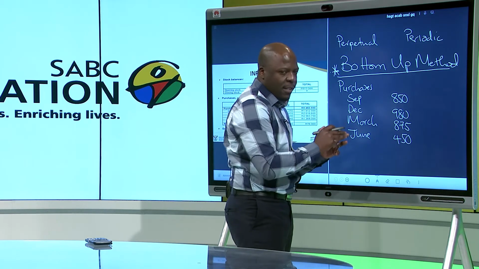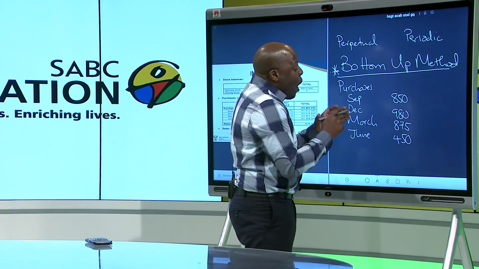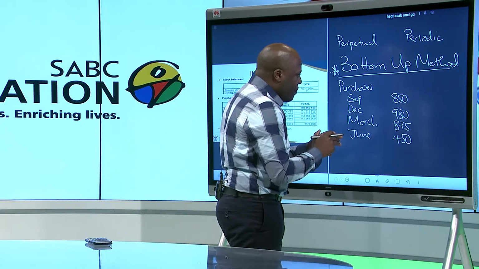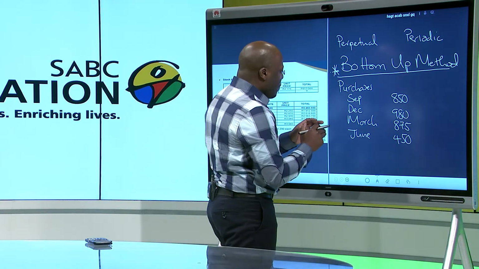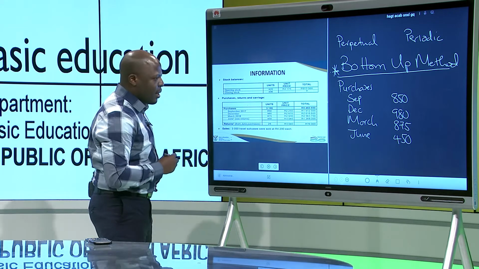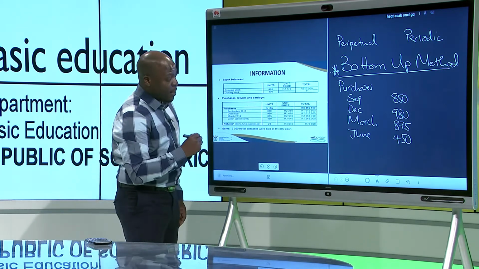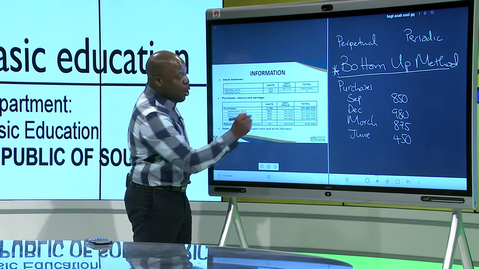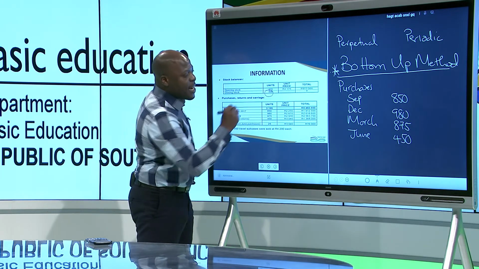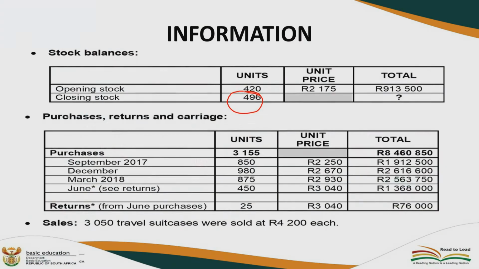Once you have these, the examiner wants you to calculate the value of closing stock. If I take you back to my question, you will realize that the closing stock is 496 units. The examiner is telling you, I don't have the unit price here, so I want you to calculate for me the unit price.